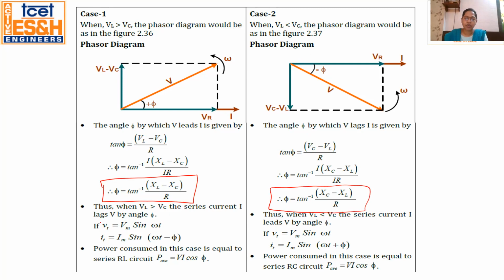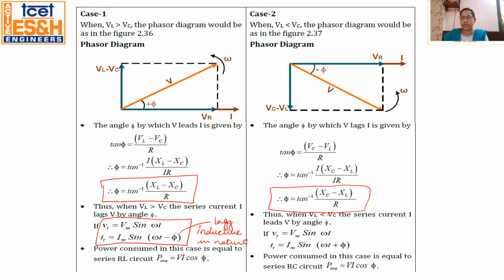So the representation of voltage and current: in case when VL is greater than VC, then V is Vm sin omega t, and I is Im sin(omega t minus phi), because the circuit is inductive in nature. So the angle is always lagging.